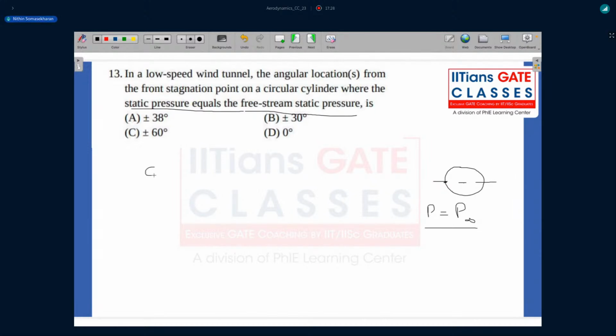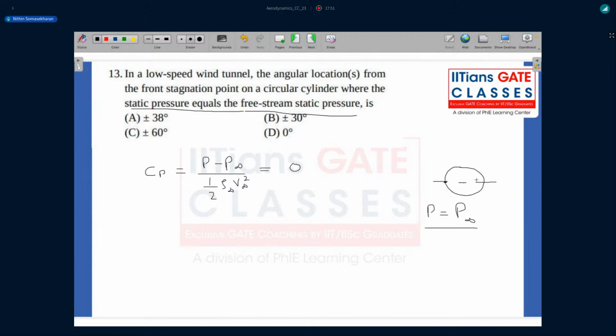So what happens to Cp? Cp is defined as P minus P infinity by your dynamic pressure, half rho infinity V infinity square, right? So when P equals P infinity, your Cp will basically be zero.